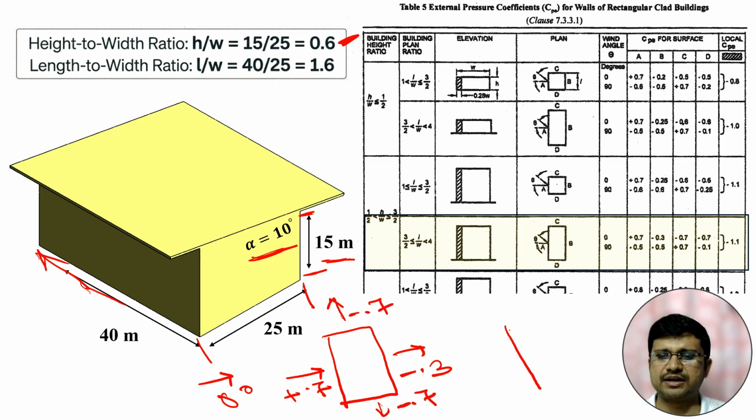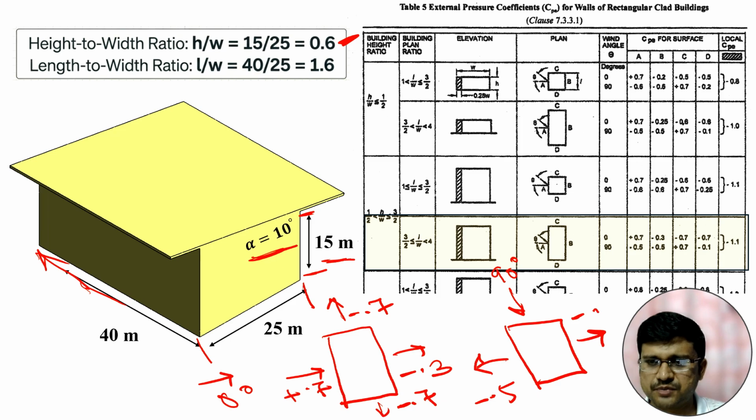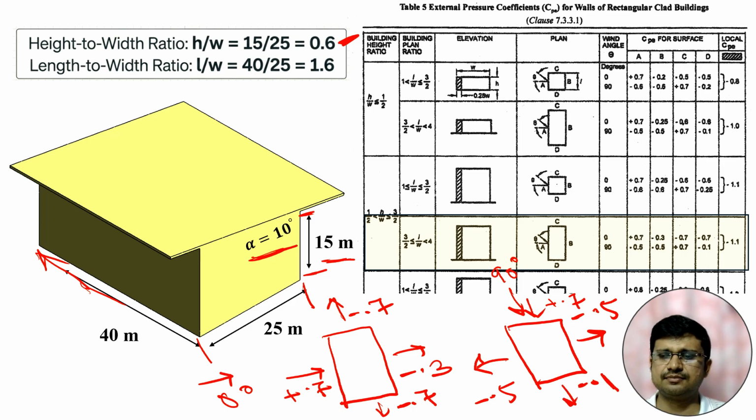When wind comes from 90 degree, for face A it will be minus 0.5, B minus 0.5, for C plus 0.7, and for D minus 0.1. So this is the condition.